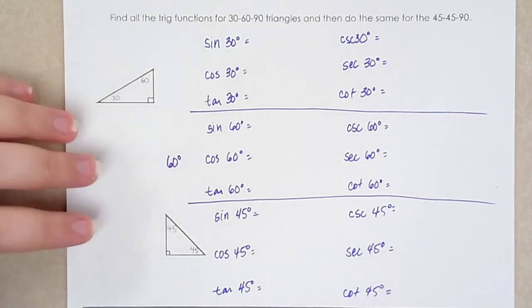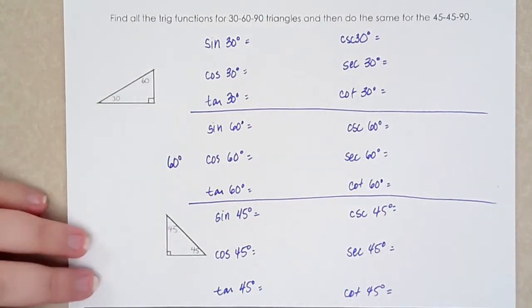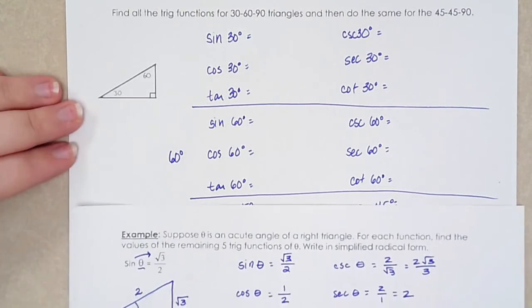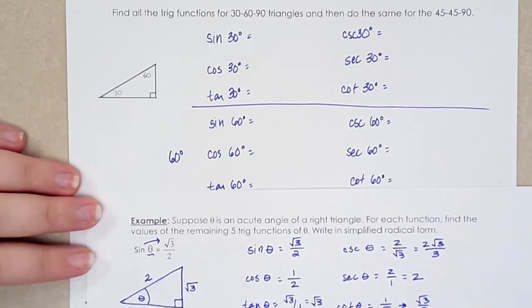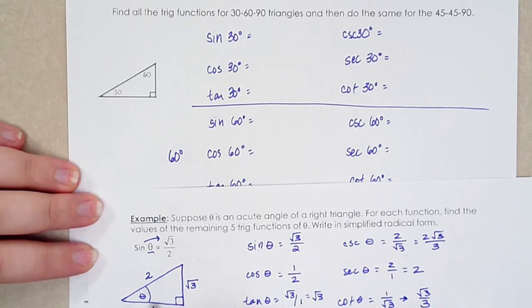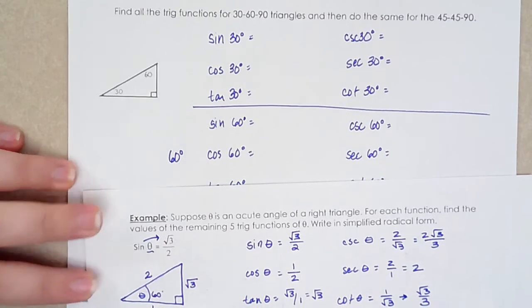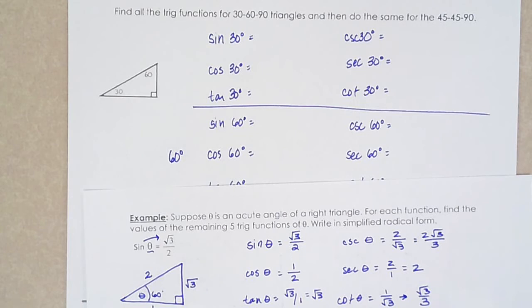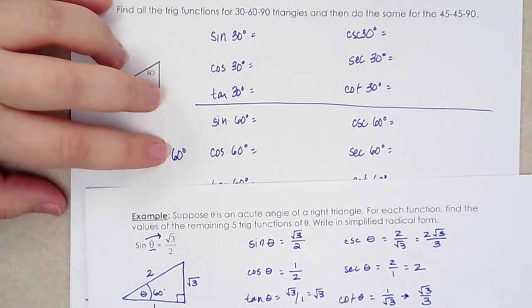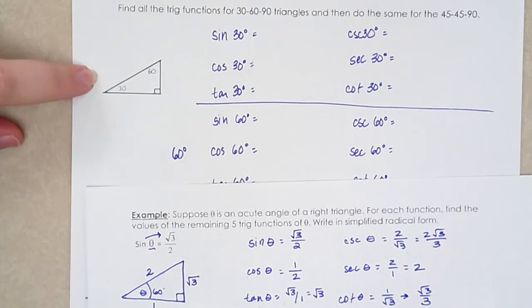So up above, and I wrote it on a different piece of paper so I can show you here, what you've got is a 30, 60, 90 triangle right here. And when I had you do theta for root 3 divided by 2, you were actually finding theta when it is 60 degrees.